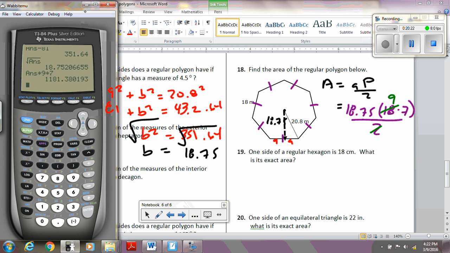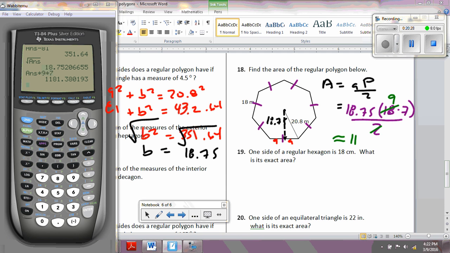And you get an area of 1181 meters squared.